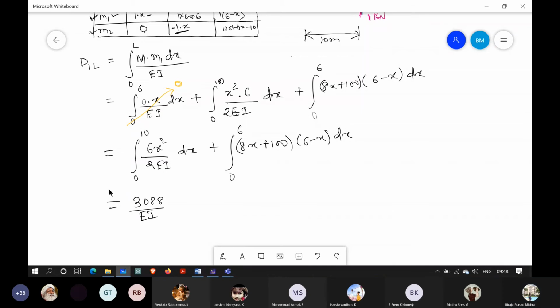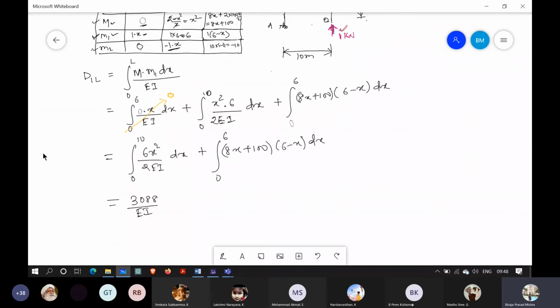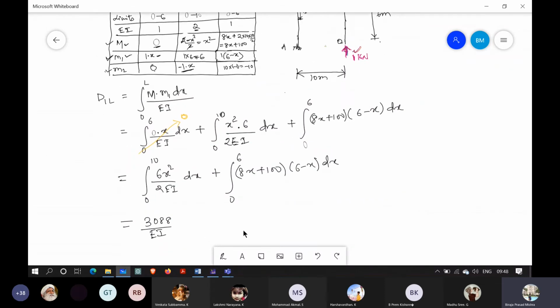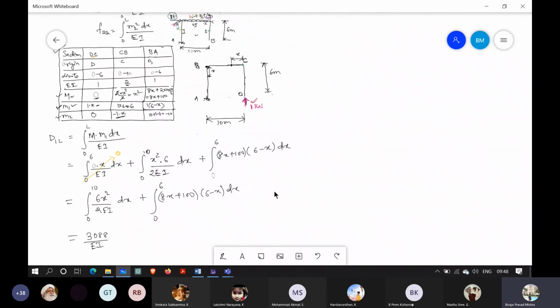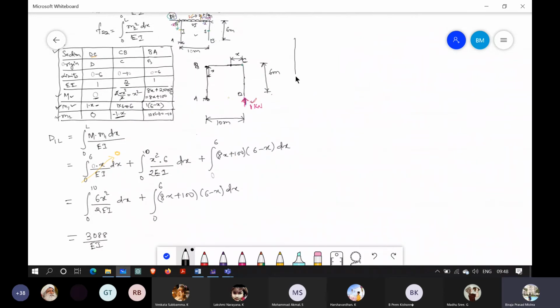Next one. Since I will be using this table, I will just slide it here and write here. So d12 equals to integration 0 to L of m into m2 into dx by EI.